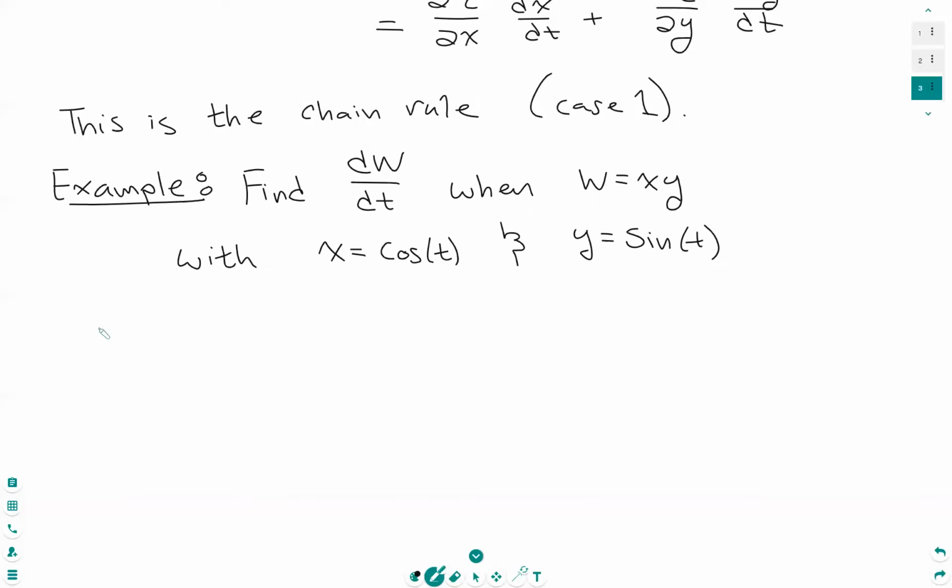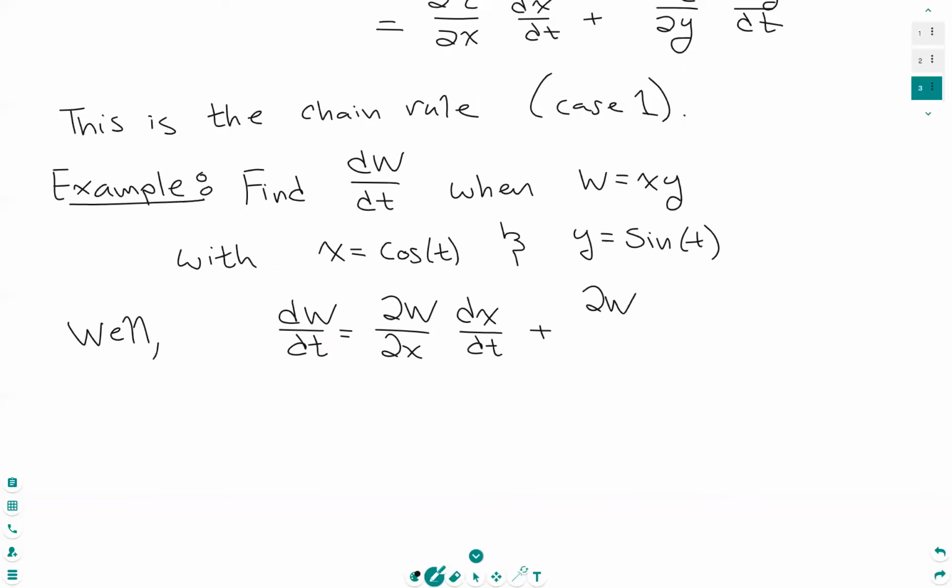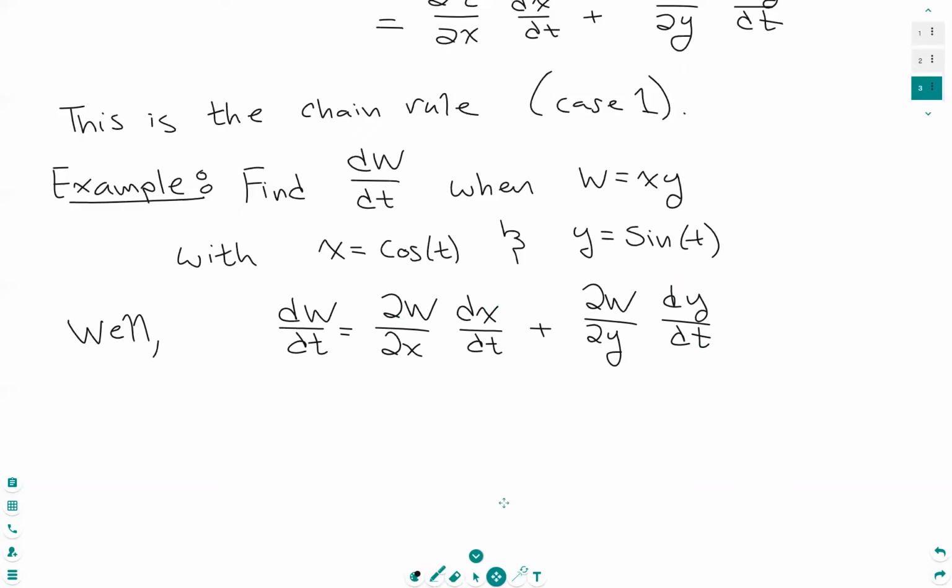Okay. Well, according to the chain rule, dw/dt is equal to partial w partial x dx/dt plus partial w partial y dy/dt. So these are the four things that we need to compute.